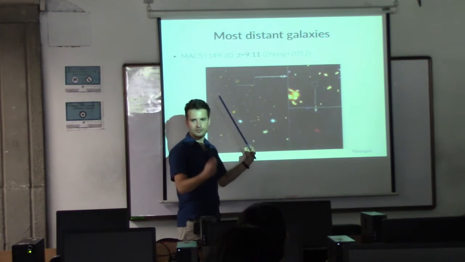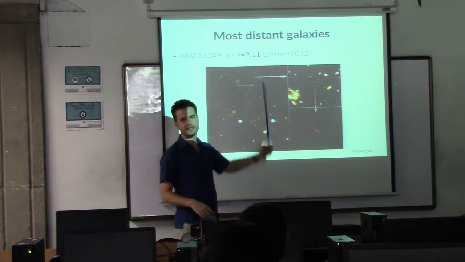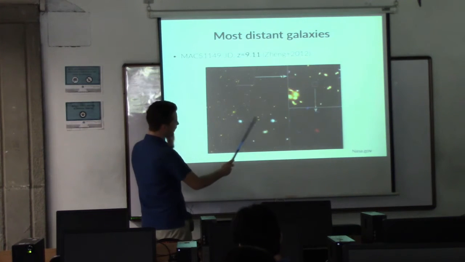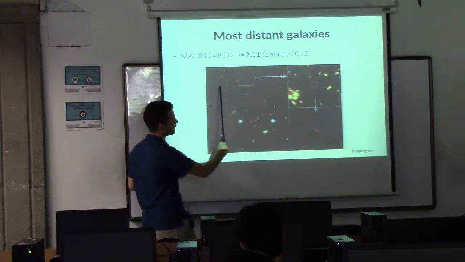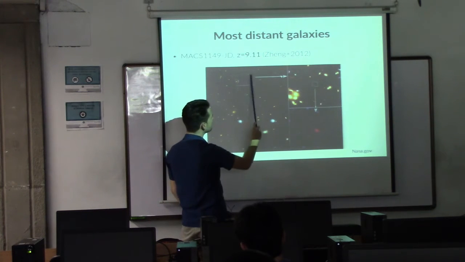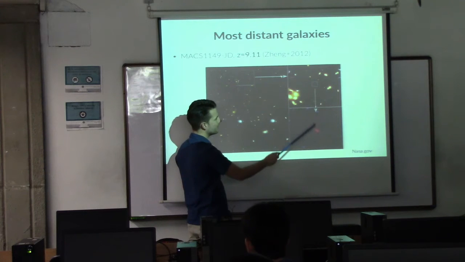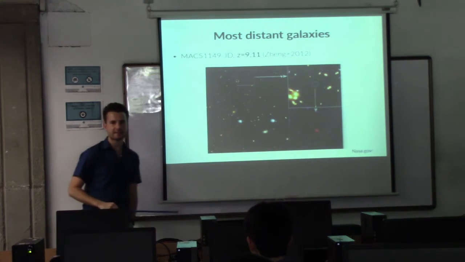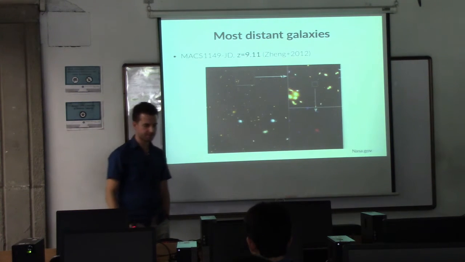But there are some more sophisticated techniques for this, and that's how this redshift 9 galaxy was found in 2012. You can't see it very well on the projector, but there's a lensing cluster over here. If you look into this field in detail, you should see a small red dot over here. If you zoom in further, there's this very small red galaxy that existed only a few 100 million years after the Big Bang.